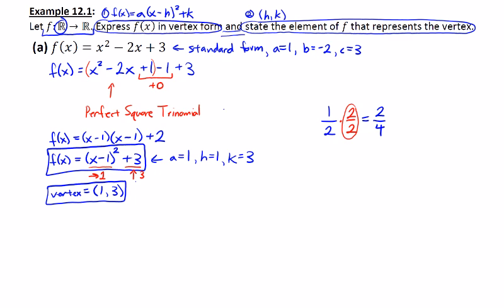Now this whole process of the creative zero, the perfect square trinomial, and then rewriting it with the exponent, has a name. This process is called completing the square.